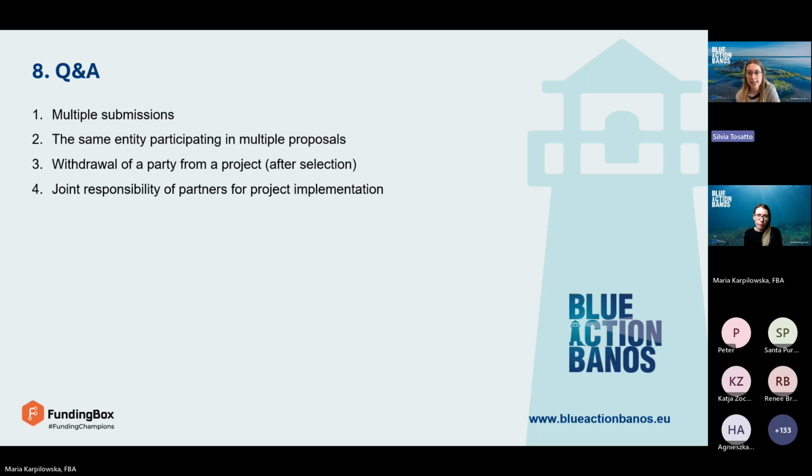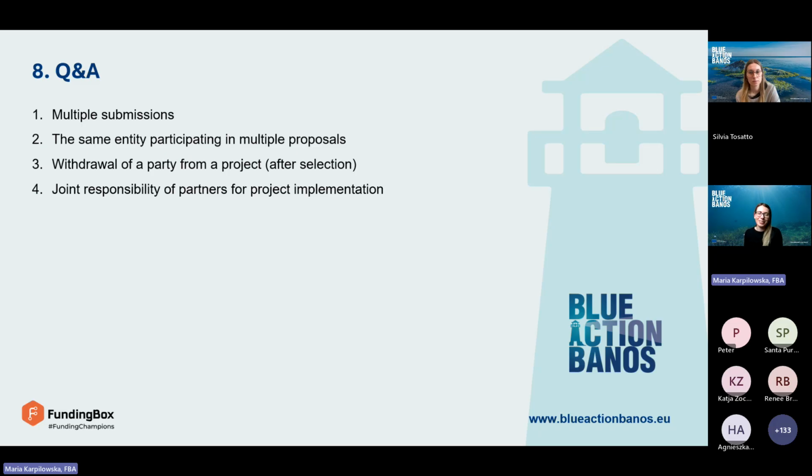Perfect. Aino is asking whether the list of activities in Annex 1, Terms and Conditions, is exhaustive, or whether any other types of activities of a similar nature to the ones mentioned can be included. The list is exhaustive.